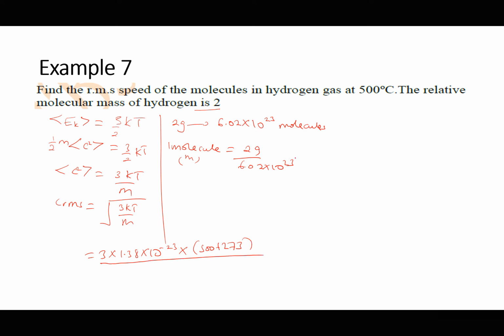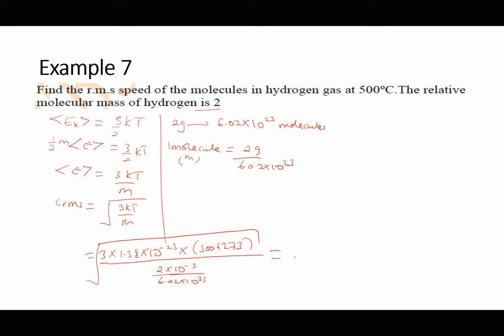The mass should be in kilograms, so it will be 2 times 10 power negative 3 divided by 6.02 times 10 power 23. But this should be under the square root, because we are finding the root mean square speed of these molecules.